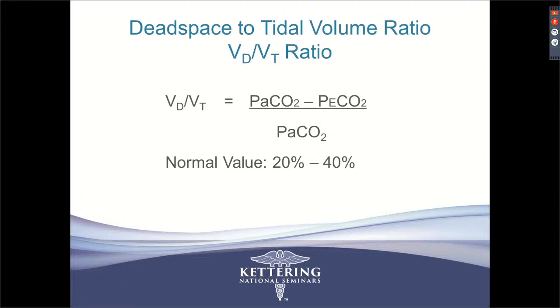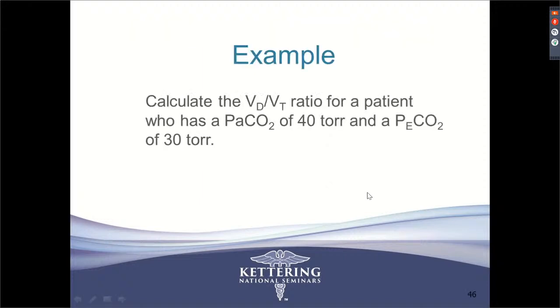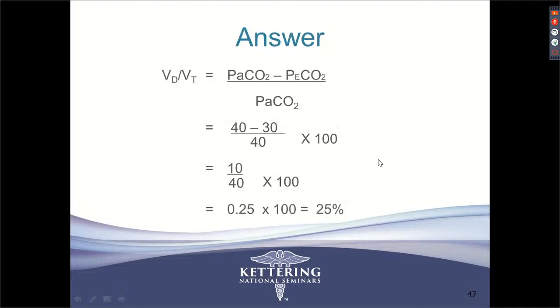So highlight letter B there, and then we give you an example of how you would go through and calculate that. Here we have an arterial CO2 of 40 and an end-tidal CO2 of 30, which are normal. So you would expect the VD to VT ratio to be within normal limits too. And if you do the math, you see that it comes out to be about 25%, and that would be considered normal.